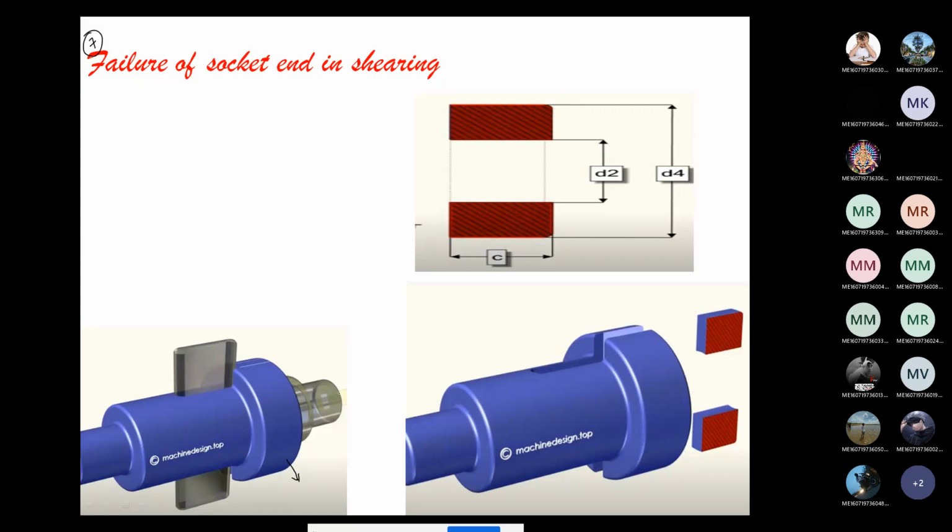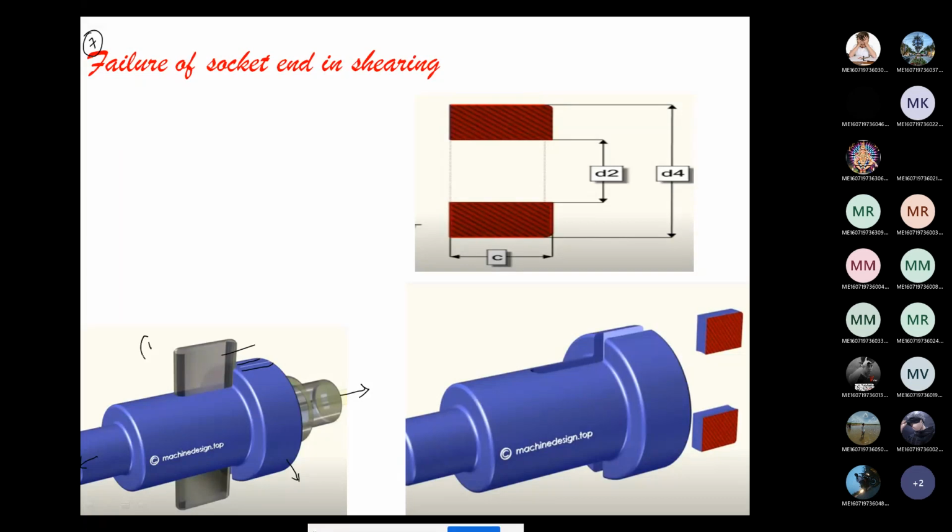So see here, because of the application of tensile force, there may be chances of failure in this region. See here, you can find the white color lines. It means the cotter is coming outside directly with the solid, right?